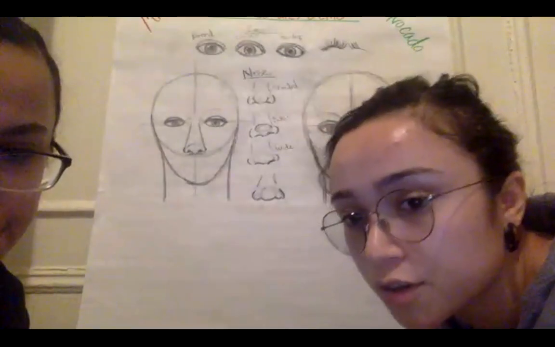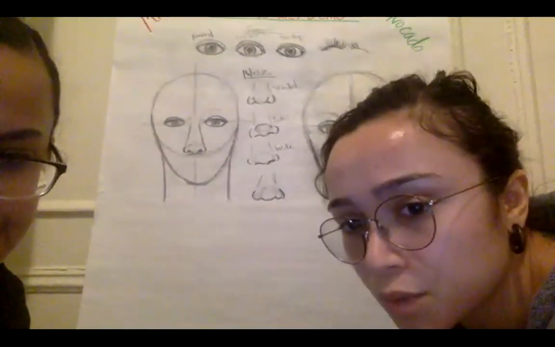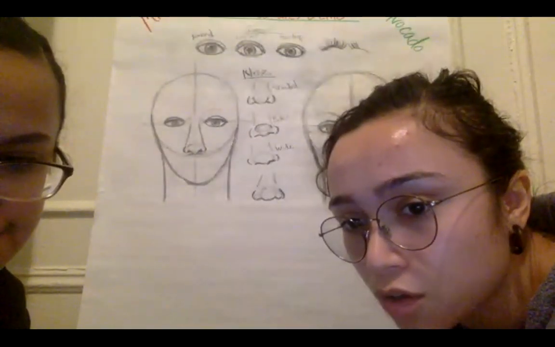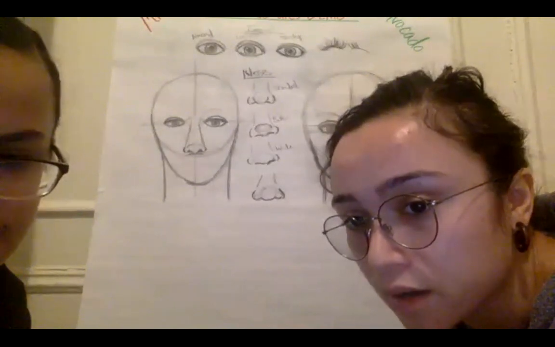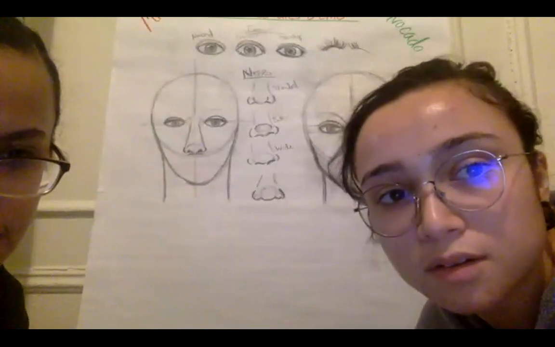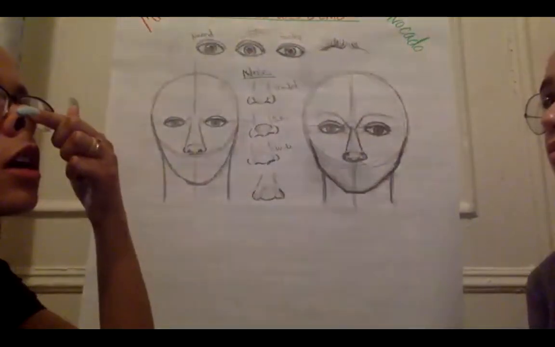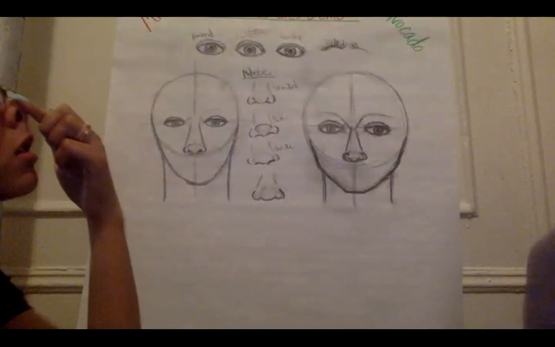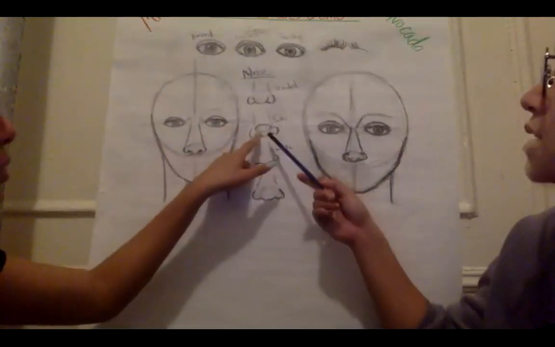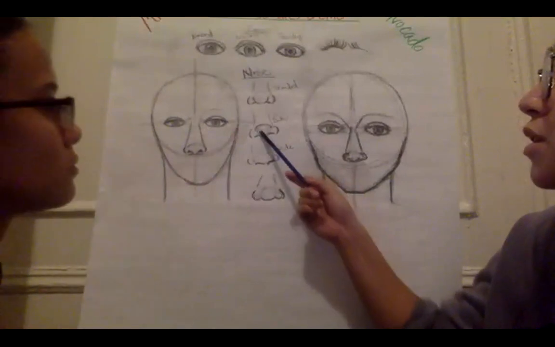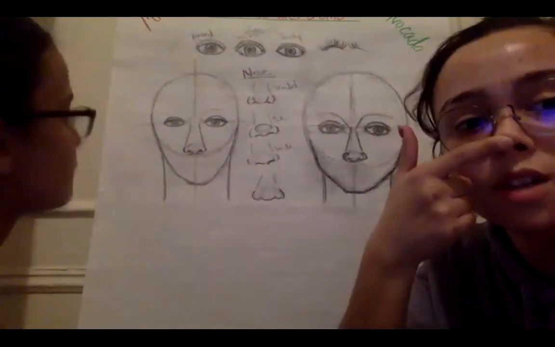Question is from Celine. Is a straight line in the bridge, but when it reaches the soft part of the nose, it curves out. For example, looks like a D leaning back. Oh, okay. I think that's a little bit more of a higher triangle within the button, because it goes up like this.